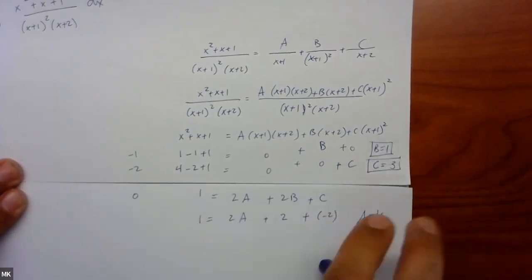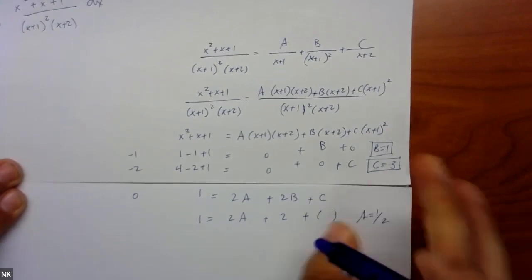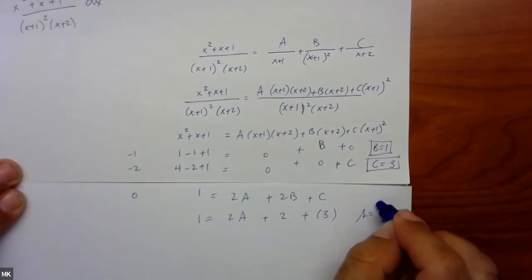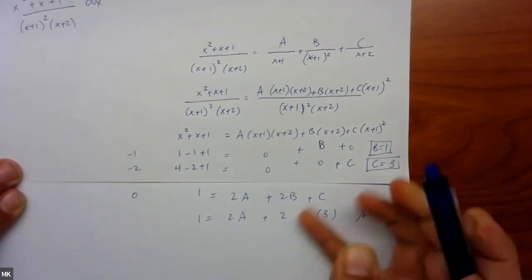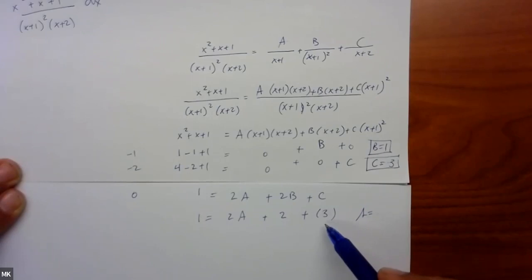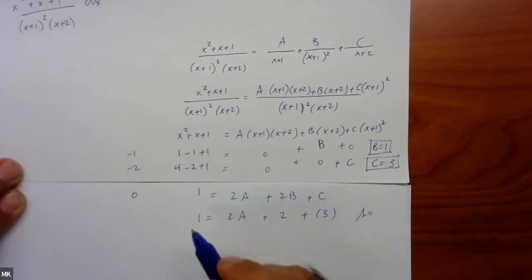So if c is equal to 3 here, thanks for the erasable pen. So c would be 3, and then 2a plus 2b, which is b is 1, so 2 plus 3, which is your c, is equal to 1.